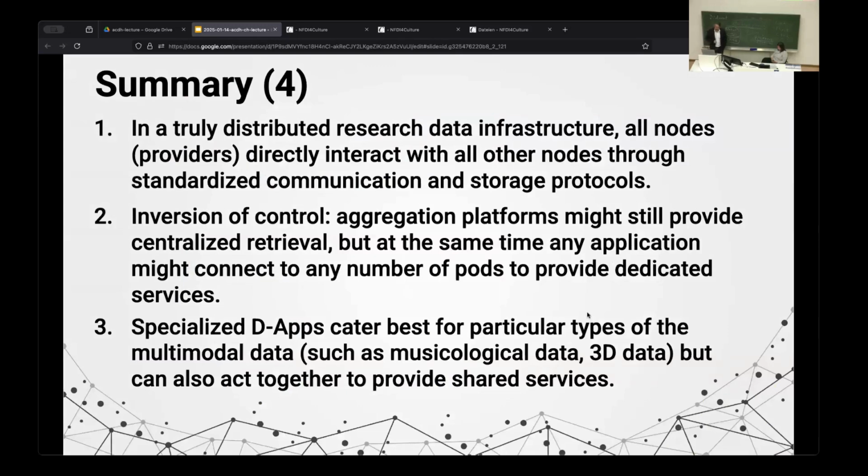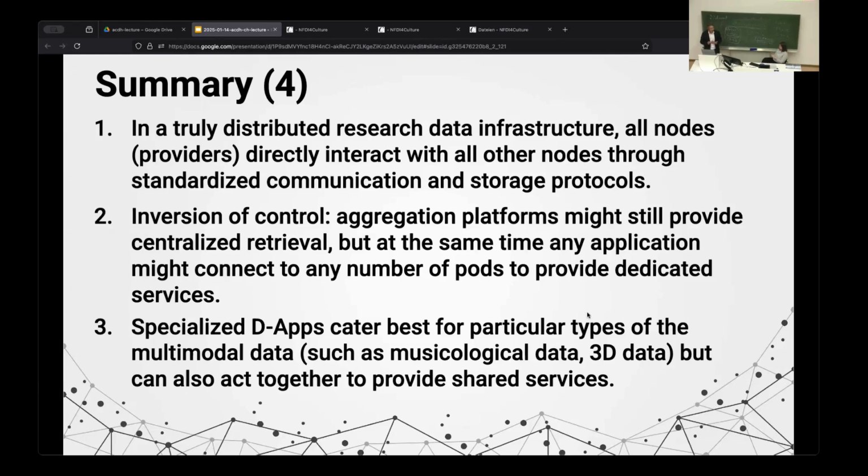To conclude, in a truly distributed research data infrastructure, all nodes, that is the providers, would directly interact based on standardized protocols and communication. And we would have an inversion of control. So the aggregation platforms are still there. They can still provide centralized retrieval, but we are not bound any longer to what they do.